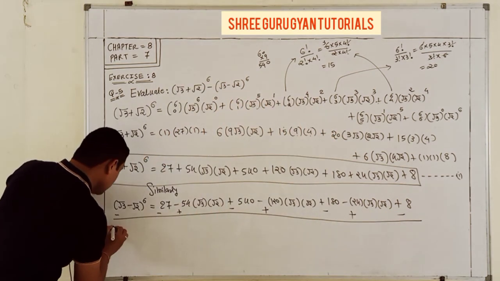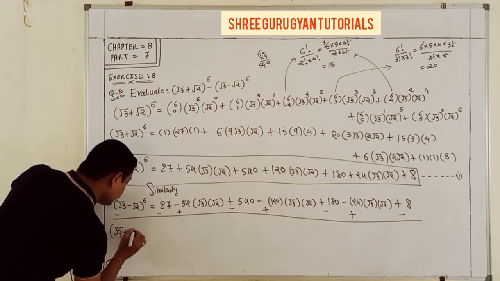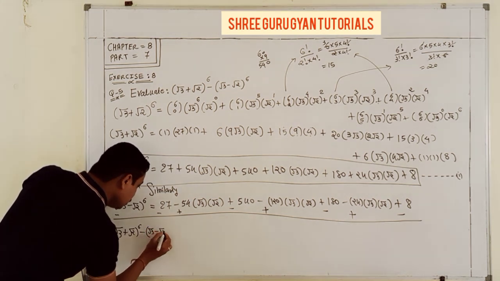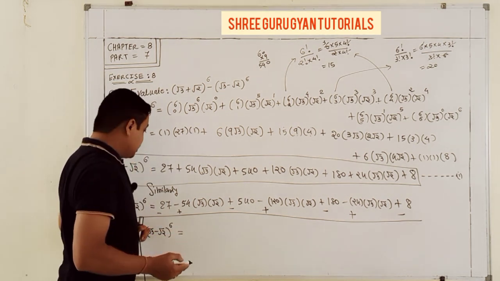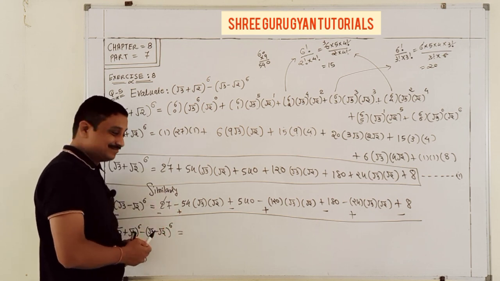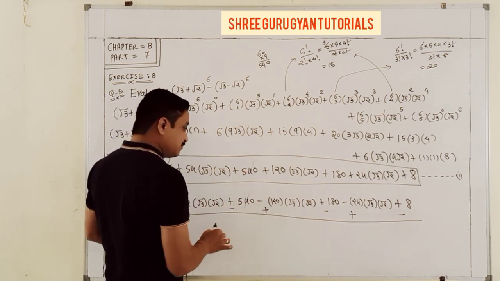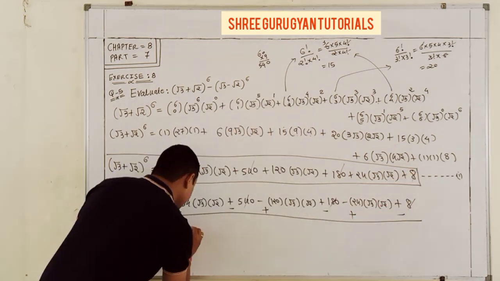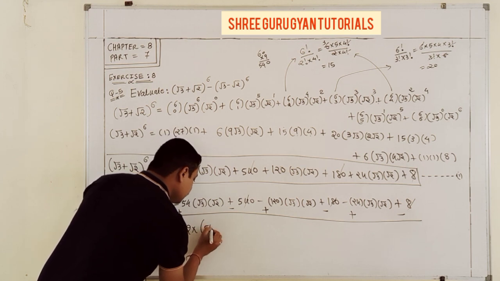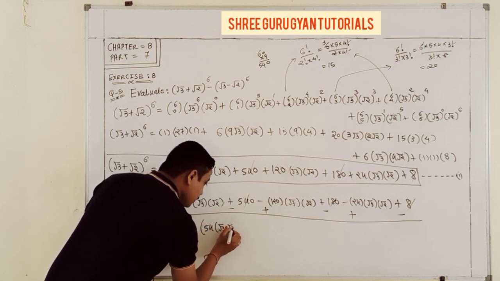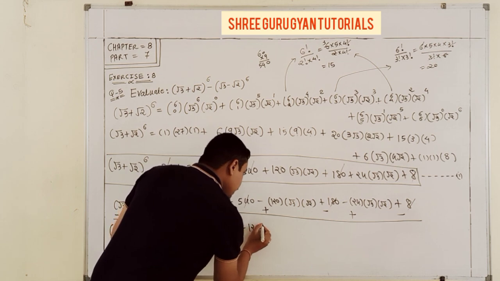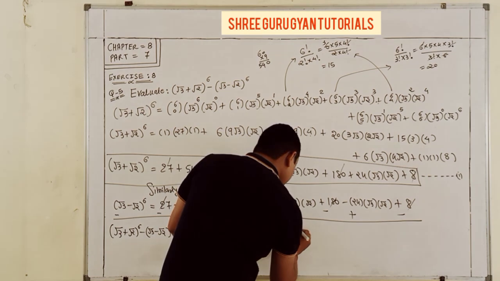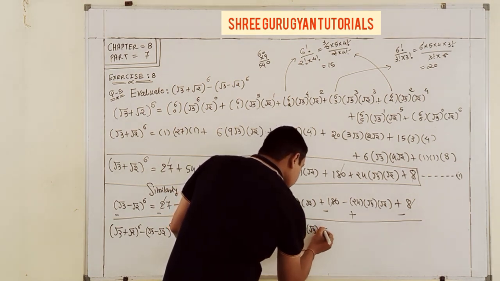So students, you have to do (√3 + √2)^6 minus (√3 − √2)^6, which means subtracting them. These terms are subtracted, so they double: 2 times 54√3√2, 120√3√2 and 24√3√2.